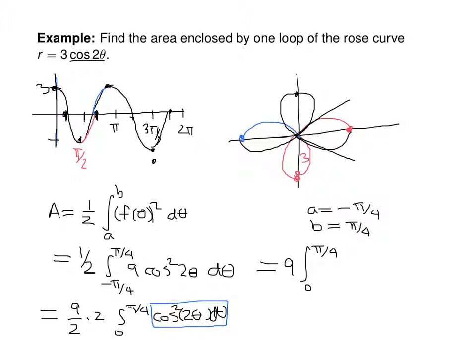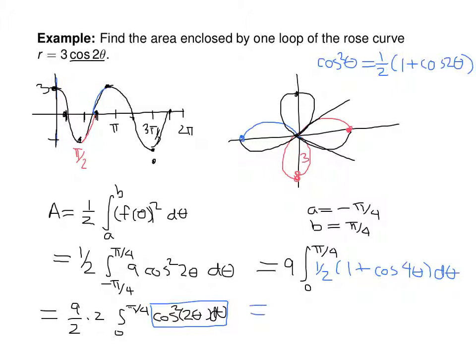Now to integrate the cosine squared of 2 theta, we're going to use the identity cosine squared theta equals 1/2 times 1 plus cosine of 2 theta. And instead of theta, we have 2 theta, so we'll have 1/2 times 1 plus cosine of 4 theta d theta.